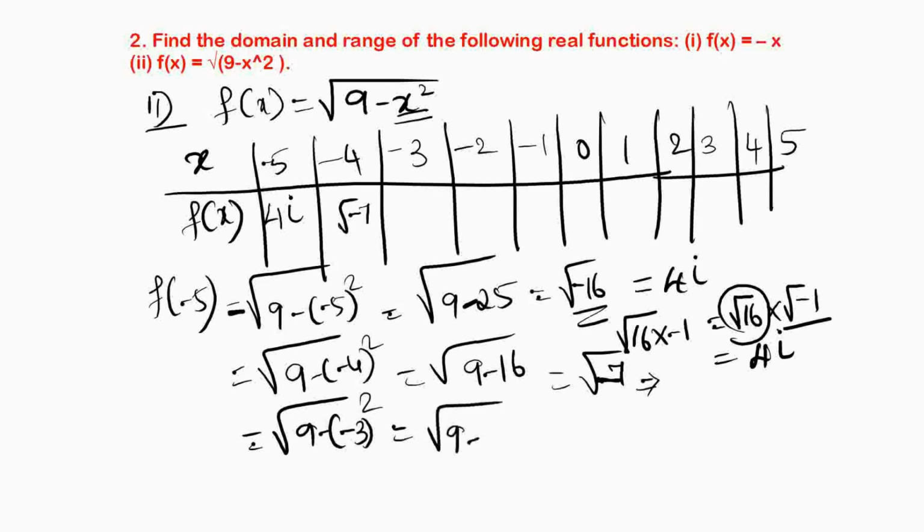if I substitute, root of 9 minus of minus 3 square, which is equal to 0. So for minus 2 I got root 5, for minus 1 I got 2 root 2, for 0 it is 3.